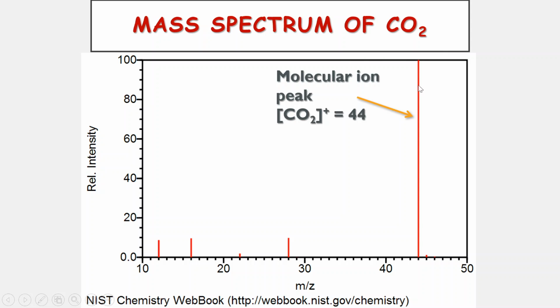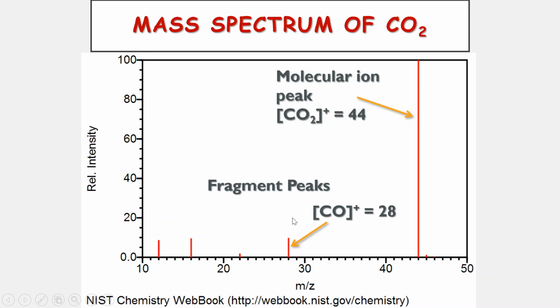So the molecular ion peak is this one right here. You take carbon-12, combine it with 2 oxygen-16s, and that gives you a mass of 44 with a charge of +1. So in terms of its intensity, this is the thing that's being produced the most, right? Now you've got these other fragment peaks that come before the molecular ion.